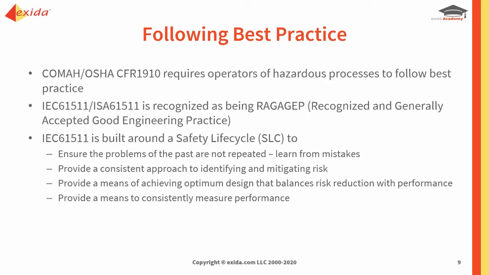In the UK, it's COMAH, and in the US, of course, OSHA CFR 1910 requires operators of hazardous processes to follow RAGAGEP. And of course, IEC 61511 and what was the old ISA 84, which is now ISA 61511, those are recognized as being RAGAGEP.